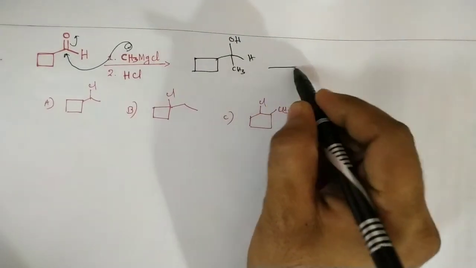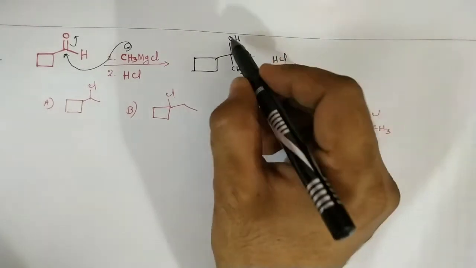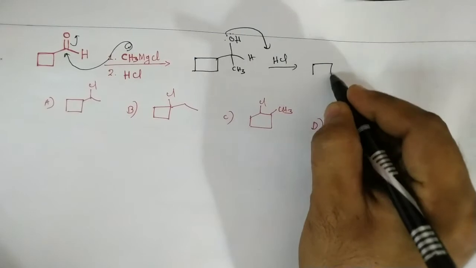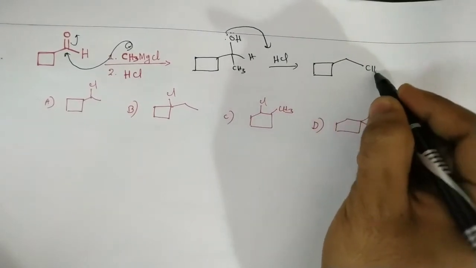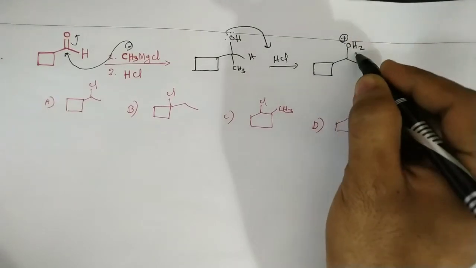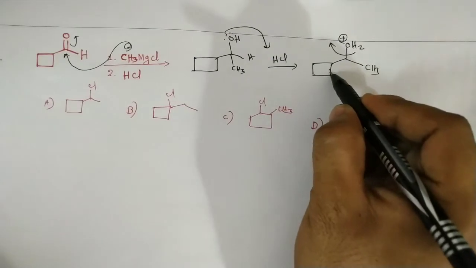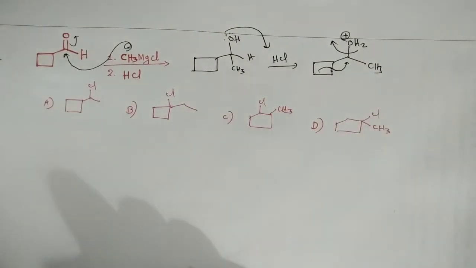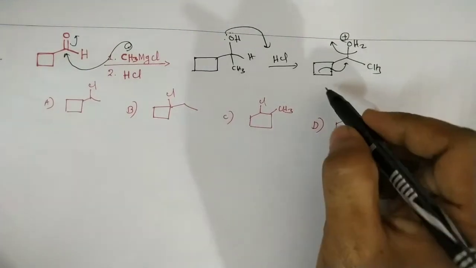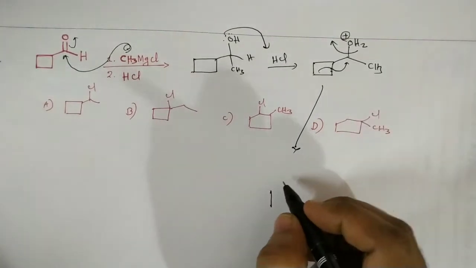Now in reaction with HCl, first protonation of this OH group takes place, and it is converted to OH2 plus. Now it is a good leaving group, so you'll get the carbocation. Ring expansion takes place because the 4-member ring has an adjacent positive charge. So by ring expansion we get a 5-member ring.